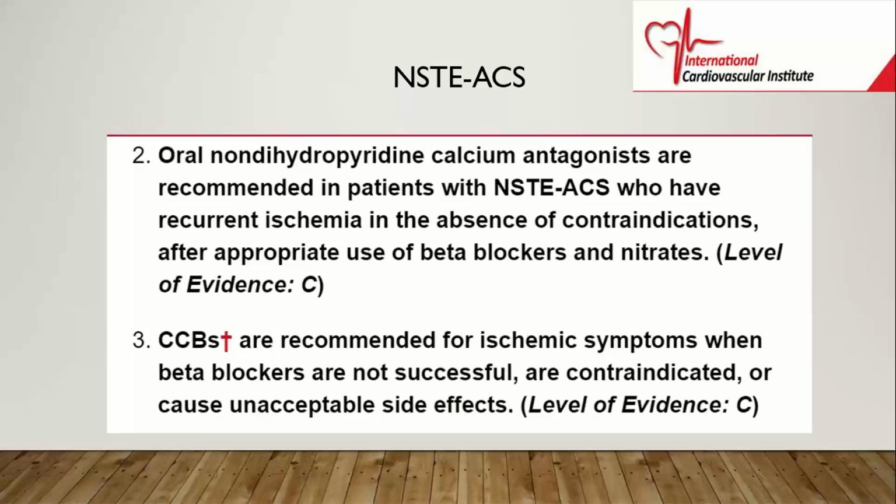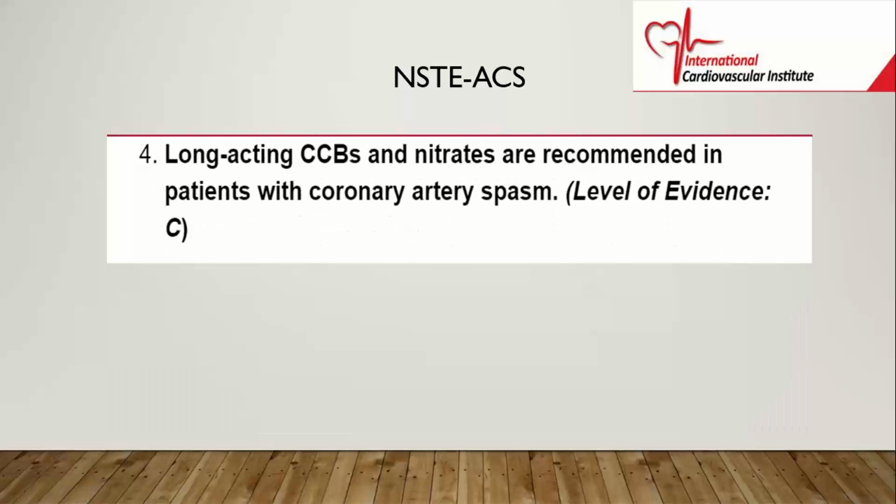Don't reach for this medicine immediately when someone comes with acute coronary syndrome. If you give them beta blockers, you give them nitrate, and they're still having ischemic events, then you can give the non-dihydropyridine calcium channel blockers. But make sure that there's no contraindication to the use of these medicines.